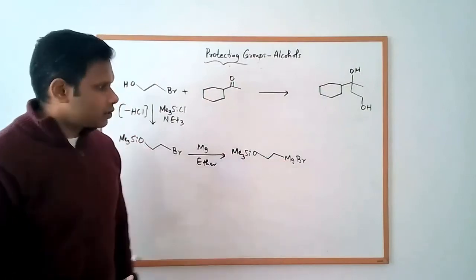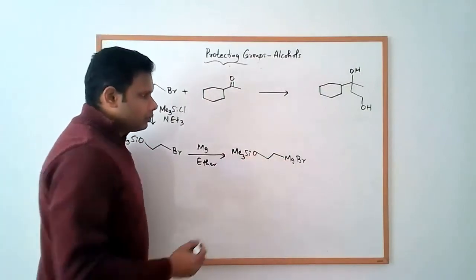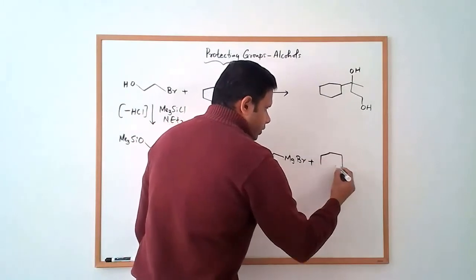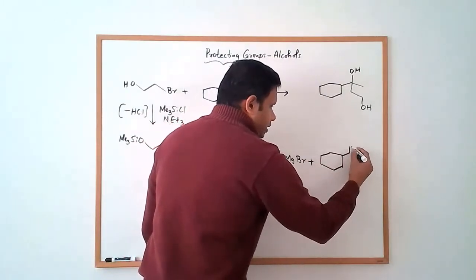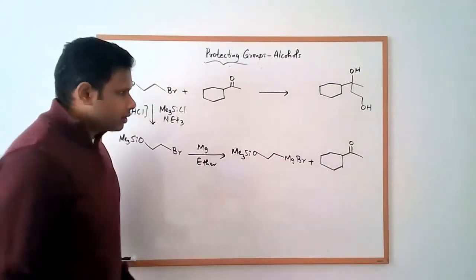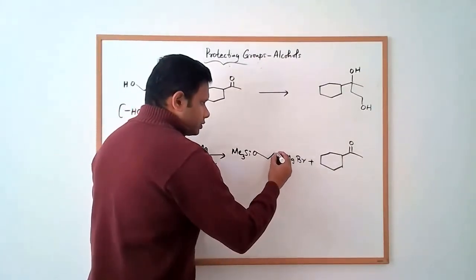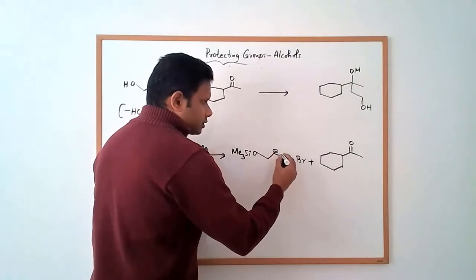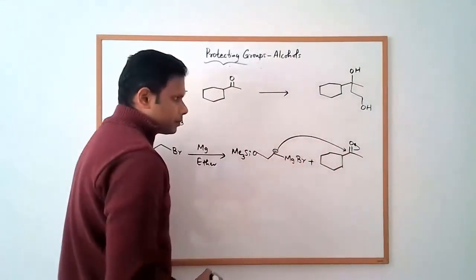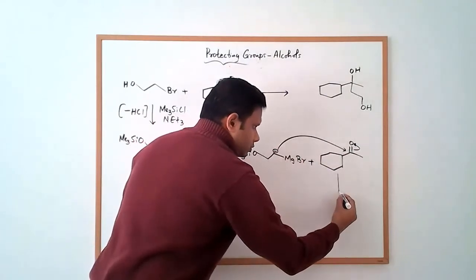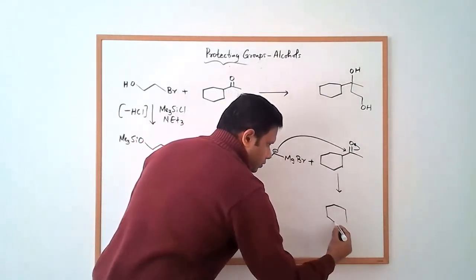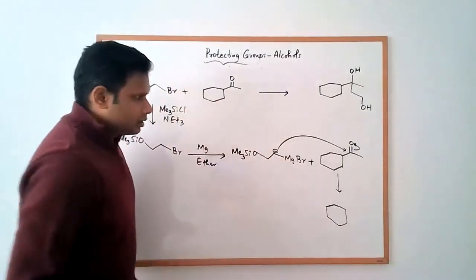So we've synthesized a Grignard reagent. And now this Grignard reagent can react with our carbonyl compound. So this carbon is the negatively charged carbon, so it can go and attack, open it up. And I'll just walk through the mechanism here as to what's going on. So we get that product.